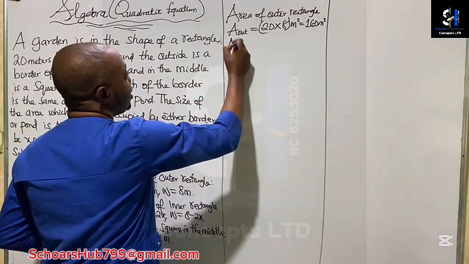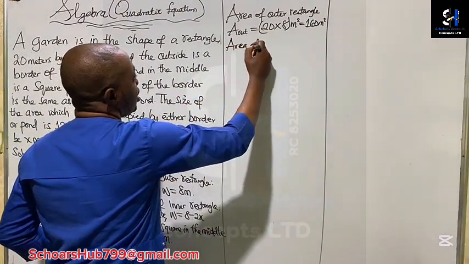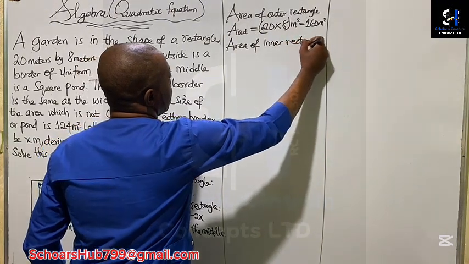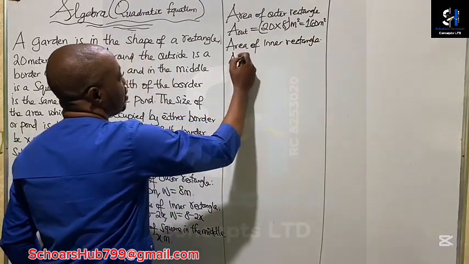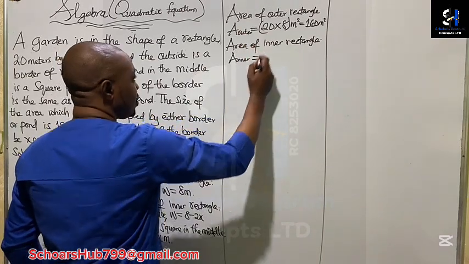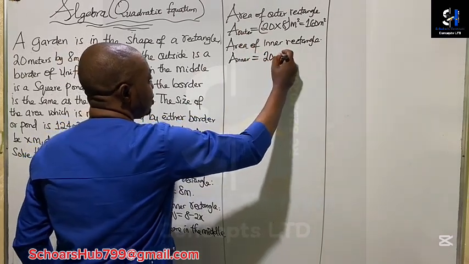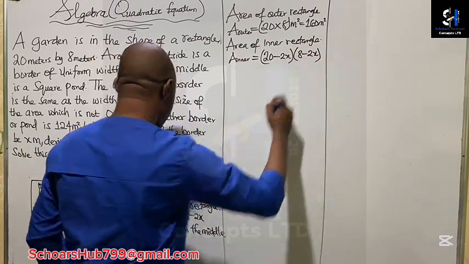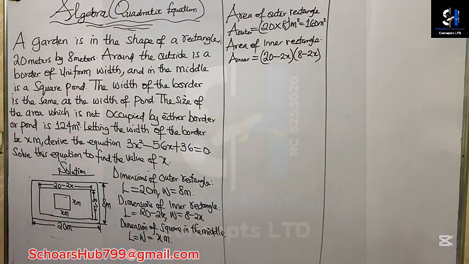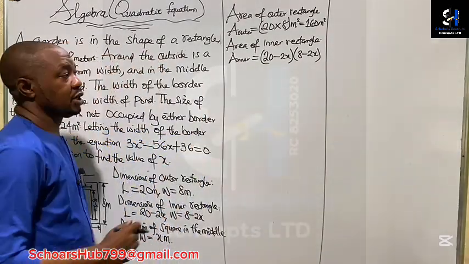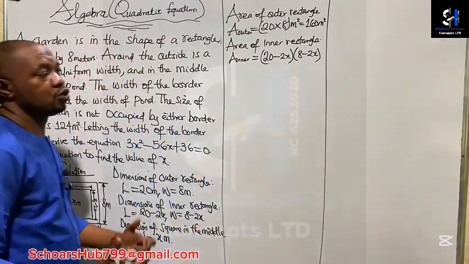So the area of the inner rectangle will be 20 minus 2x multiplied by 8 minus 2x.